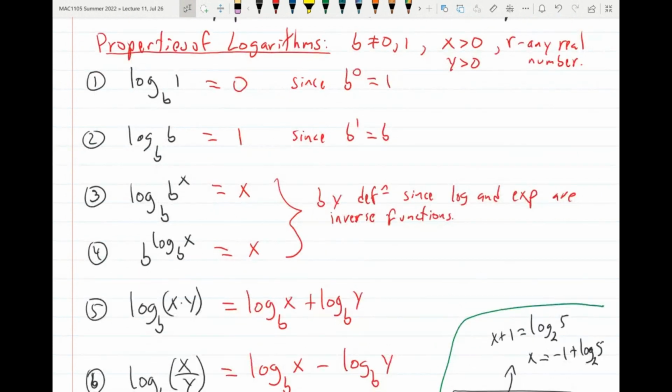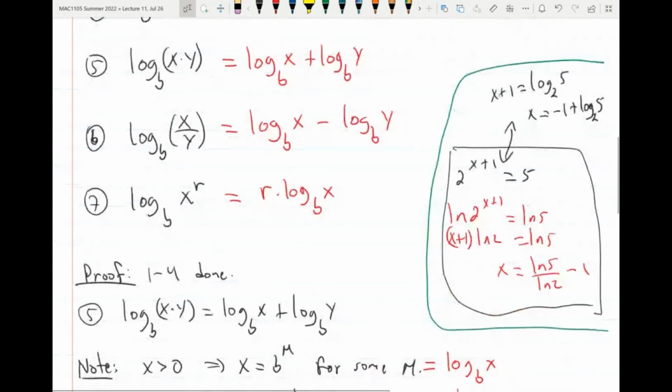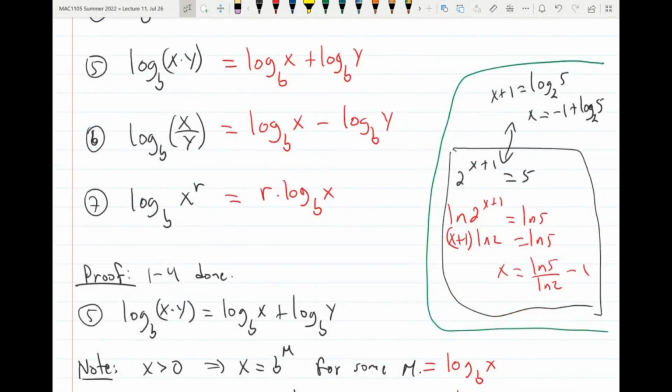Properties 1 through 4 are just by definition, so those hopefully are easy to remember. There's really nothing to think about too much there. Now you really just need to memorize 5, 6, and 7. They say the log of a product is a sum of the logs, the log of a quotient is a difference of the logs, and the log of an exponential brings the exponent down to multiply. We're going to play with these properties now.